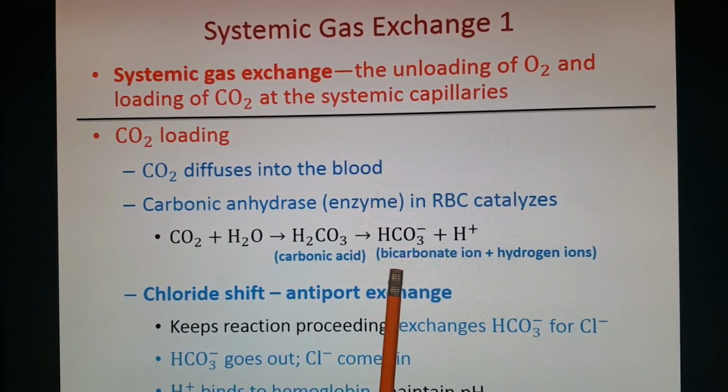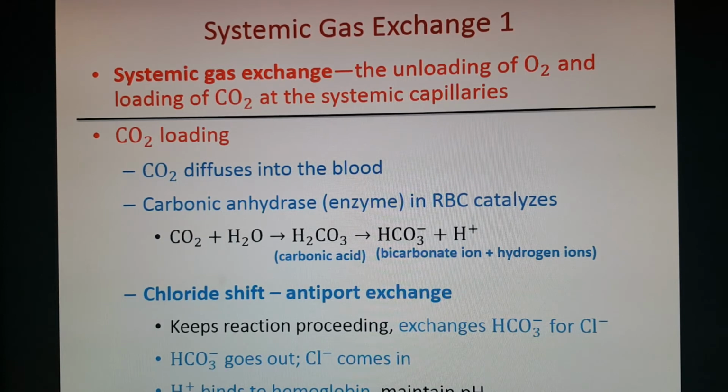So carbonic acid dissociating into your bicarbonate ion and hydrogen ions. This reaction to combine your carbon dioxide and water is helped along by the carbonic anhydrase enzyme that's inside your red blood cells. These help to catalyze that reaction to change your carbon dioxide and water into your carbonic acid.